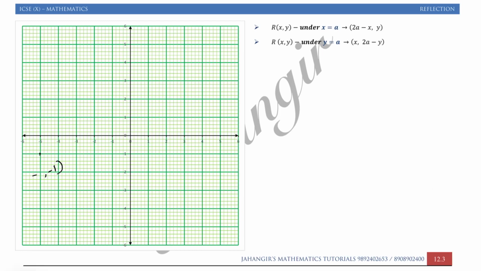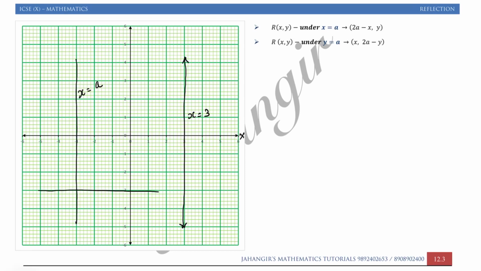Here I will just talk about vertical and slanting lines. Last year you had learned that a vertical line is always perpendicular to the x-axis. Let's say this is a vertical line. If it is passing through 3 on the x-axis, its equation will be x = 3. If I am drawing this vertical line, its equation is x = a.